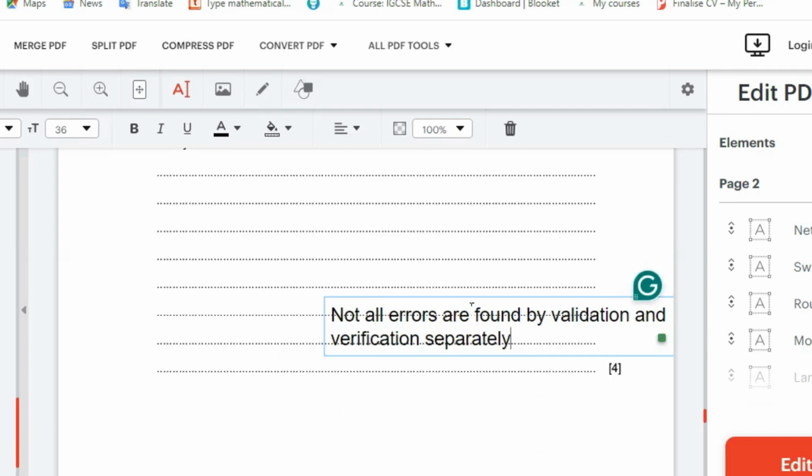Okay? It's not all errors that are found by validation and verification separately.